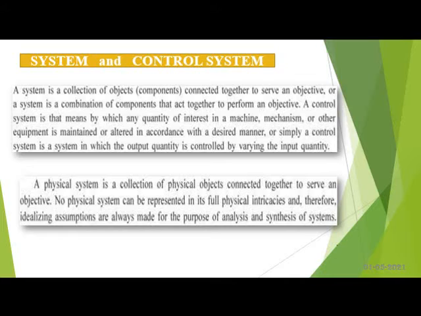It is any real-world system. No physical system can be represented with full physical interaction, and therefore idealizing assumptions are always made for the purpose of analysis and synthesis of the system.